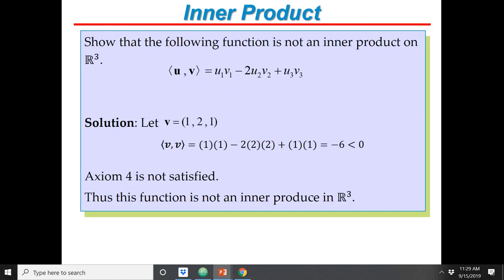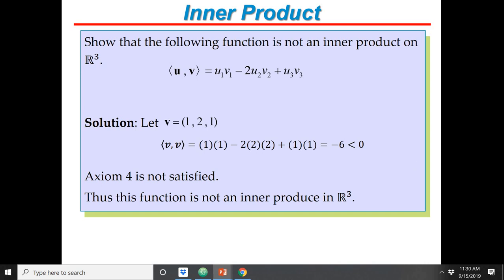All right, so let me define another weird inner product between two vectors in R cube. Notice here there's a minus sign that may be troubling, and here it is: if you take this particular vector in R3, and you take the inner product with itself, and you follow this given formula, you see that the inner product with itself comes to be a negative number, and that's a no-go.